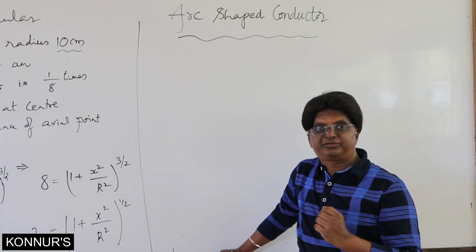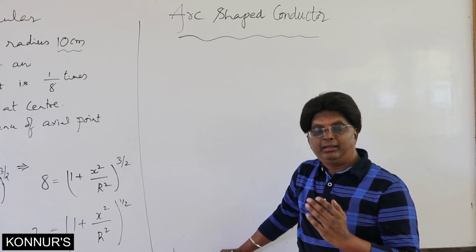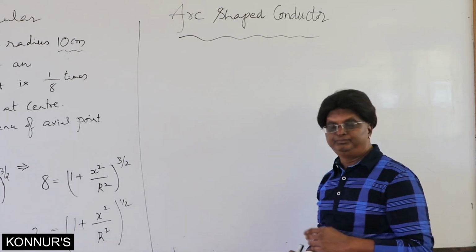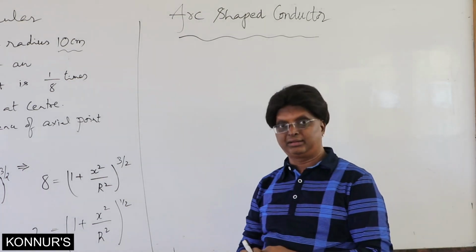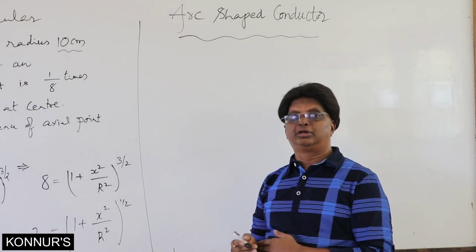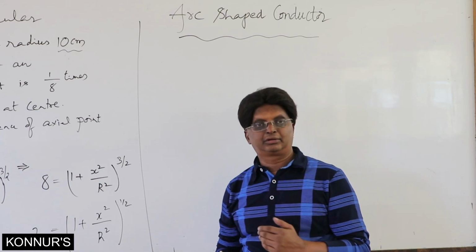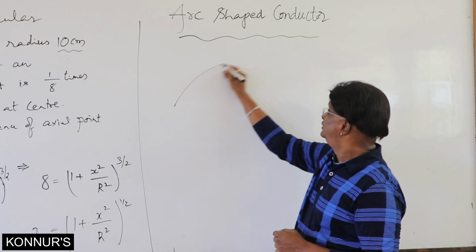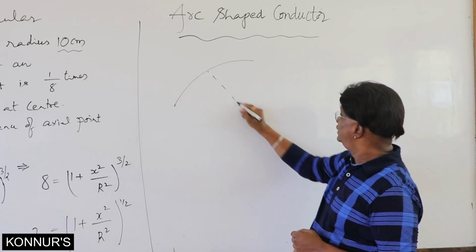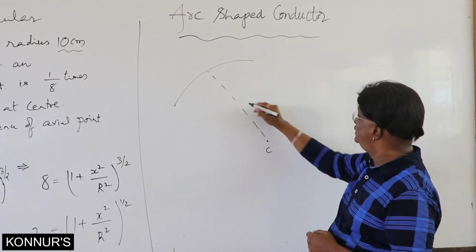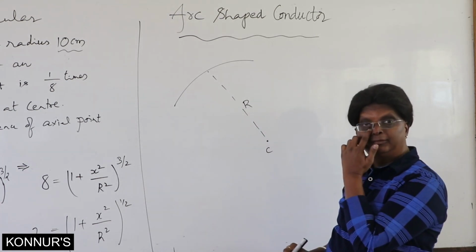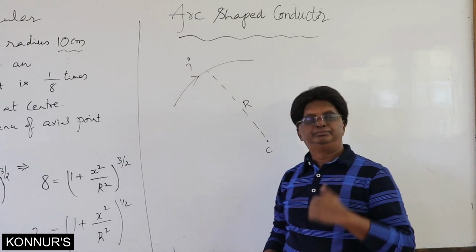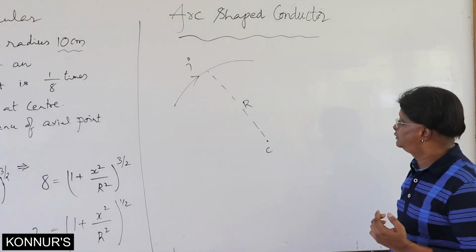Let us take one more case of magnetic induction produced by a conductor of different geometry. I have considered the case of an arc-shaped conductor carrying current. The terms with regular meaning, I for current carried by the conductor, R for the radius. Suppose this is an arc and this is the center of the arc and R is the radius carrying a current I, either clockwise or anti-clockwise.